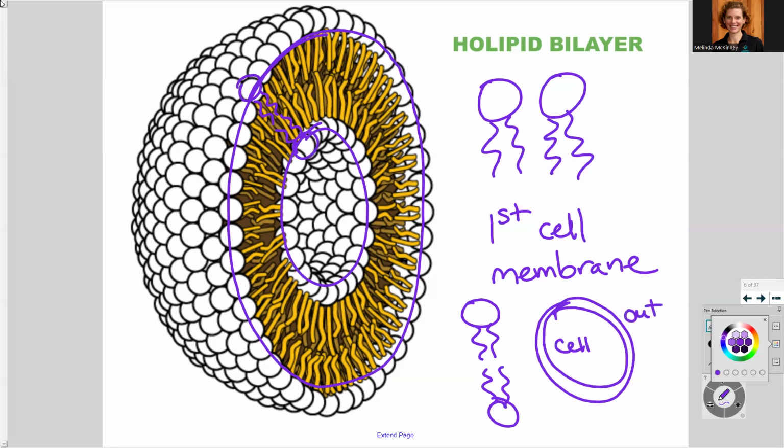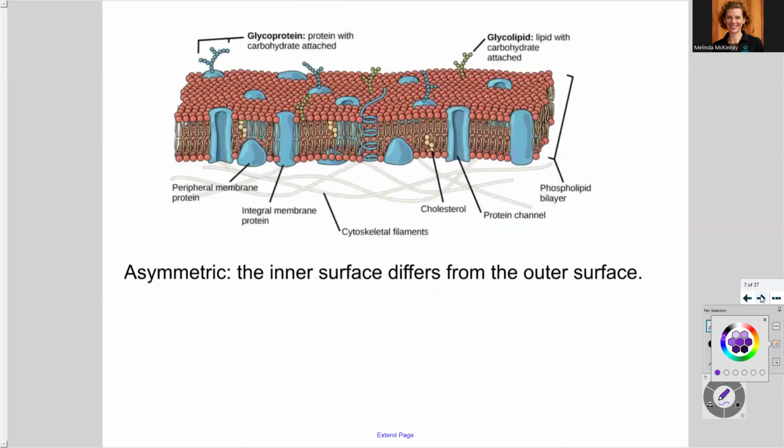This membrane is asymmetric, right? If something was symmetric, it would be the same on the outside and the inside, symmetry. A in front means not, like asymptomatic means you're not symptomatic. Okay, so asymmetric. That means the outside, so this part up here, looks different than the inside.